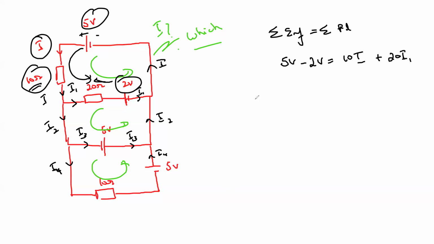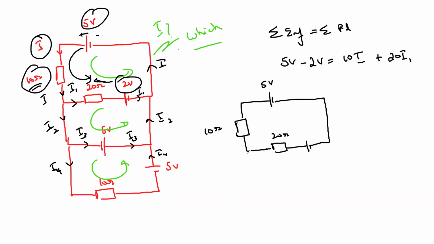Okay. I will draw the circuit. We had a 5-volt supply, a 10 ohm resistor, a 20 ohm resistor, then another 5-volt supply and a 10 ohm resistor.